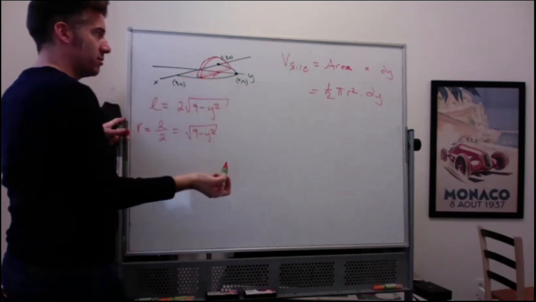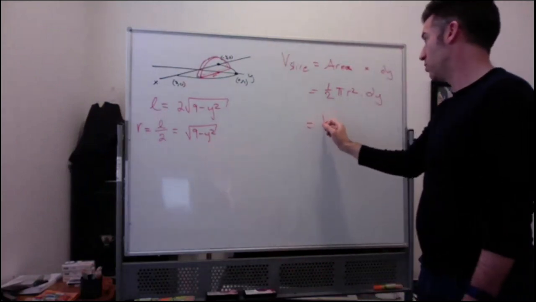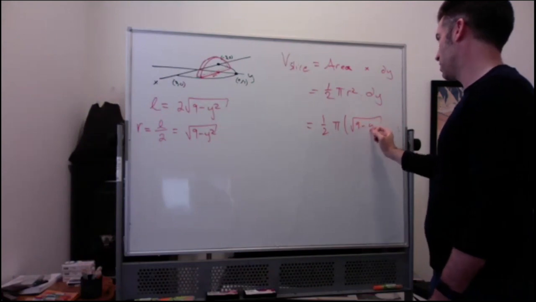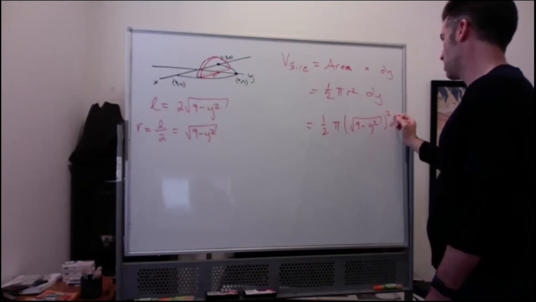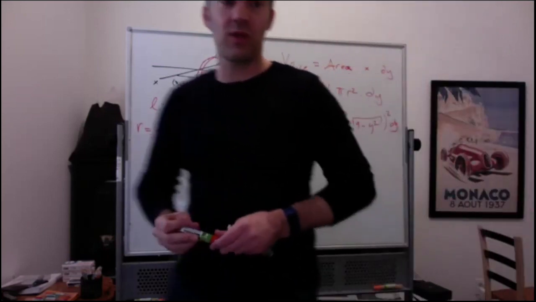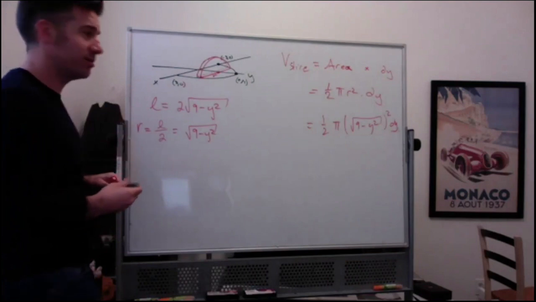That's going to be the square root of 9 minus y squared. So I get 1/2 pi times the square root of 9 minus y squared dy. That's going to work out real nice. Then once again, we add up all these semicircles.